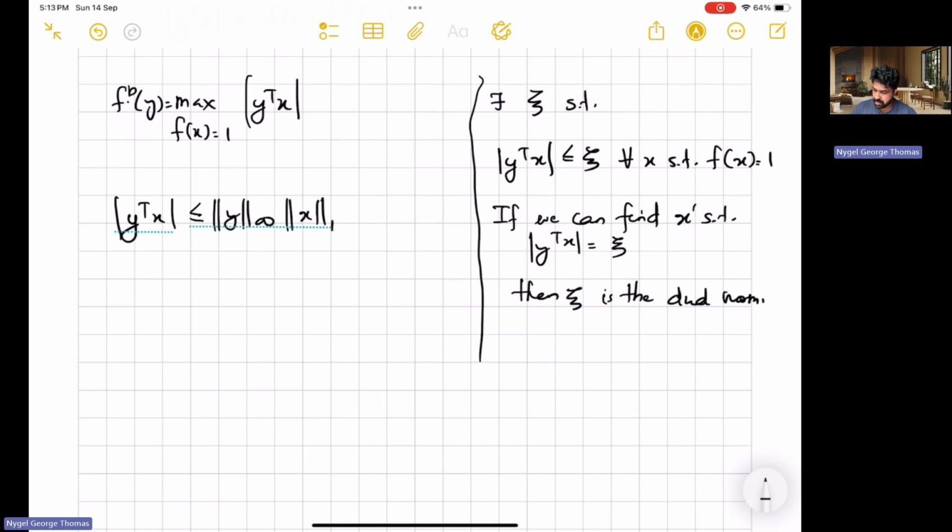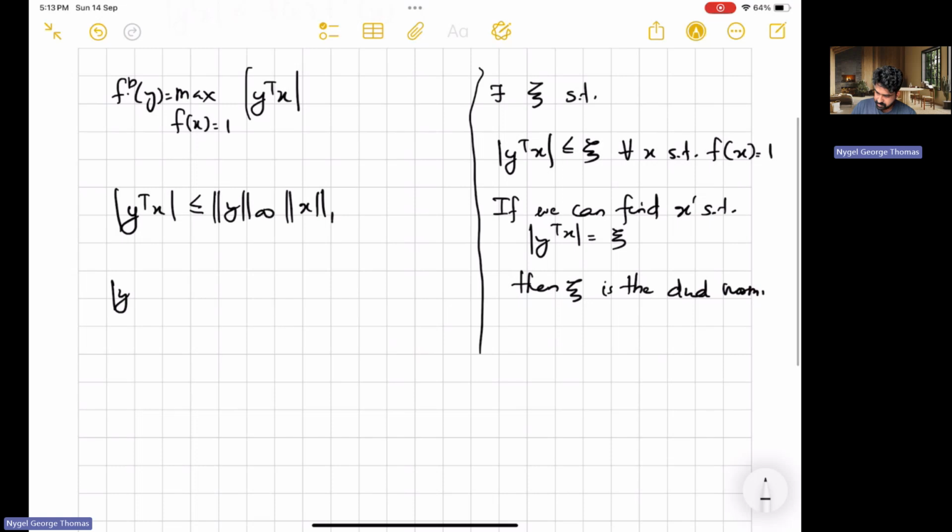How did we prove this? We started by saying that y transpose x is equal to the modulus of the sum from i equal to 1 to n of yi xi.